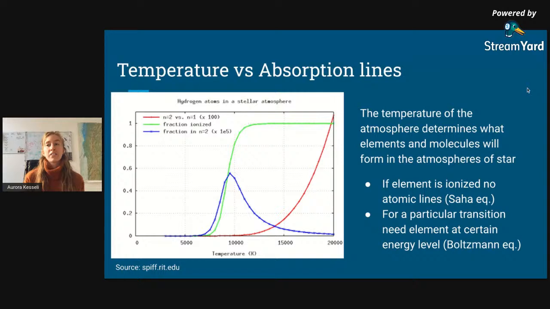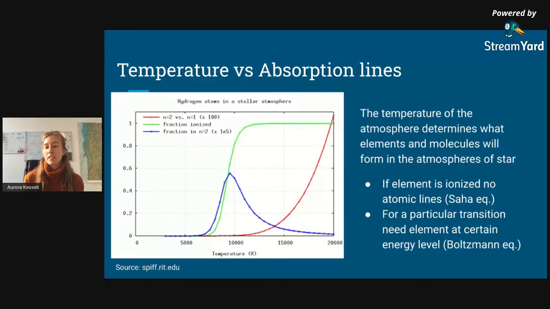Okay, and which molecules and elements exist in the atmosphere depends on the temperature of the atmosphere. And this is set by some equations that you might have learned in your introduction to astronomy classes, like the Saha equation and the Boltzmann equation. The Saha equation tells you whether an element is ionized or not, or at what temperature the element will become ionized.